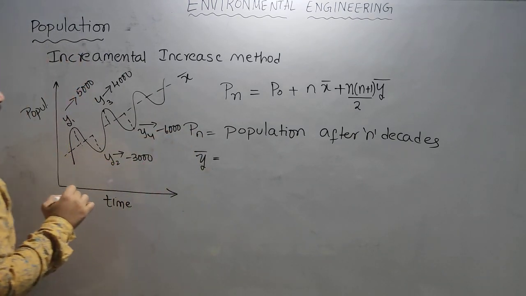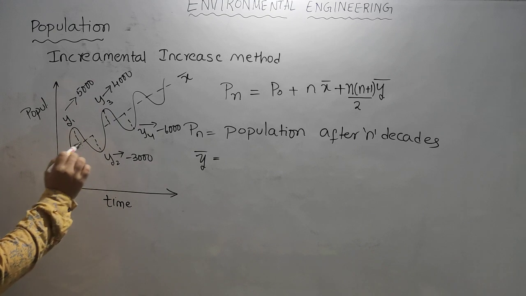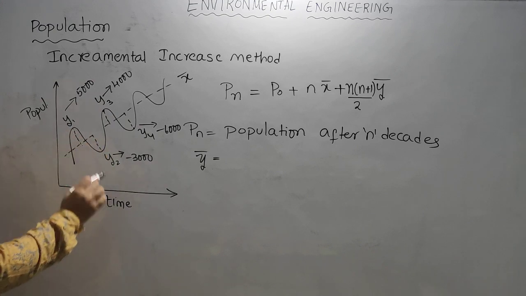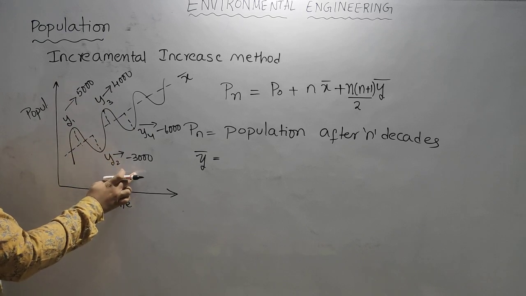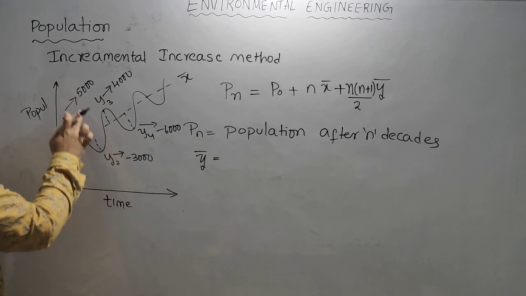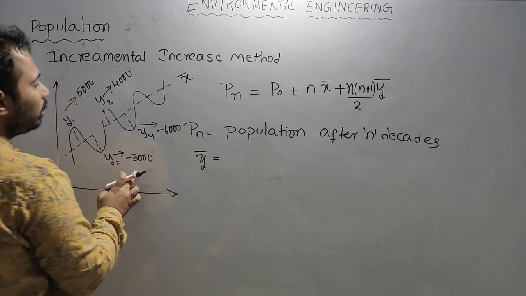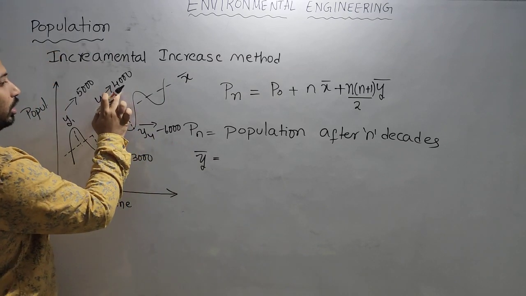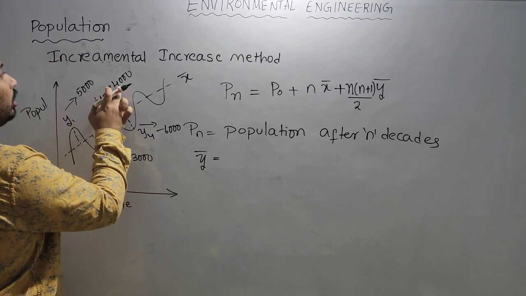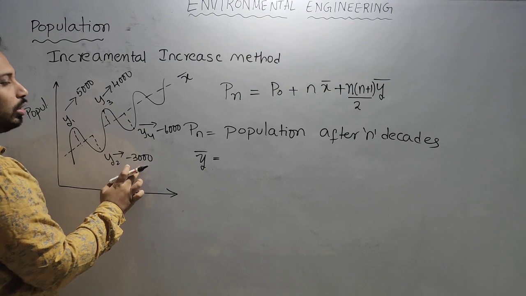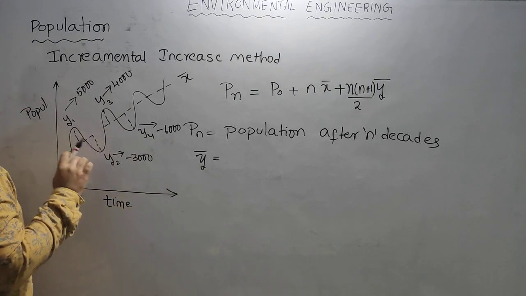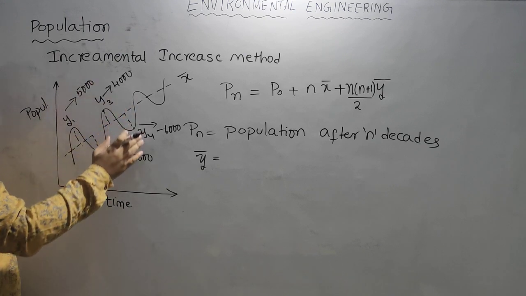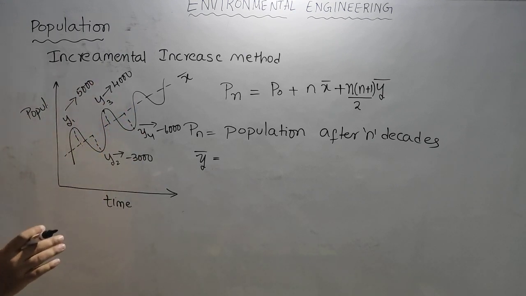For these values, Y bar will be 5000 minus 3000 plus 4000 minus 6000. So this is 9000 and this is also 9000. That means Y bar is 0.